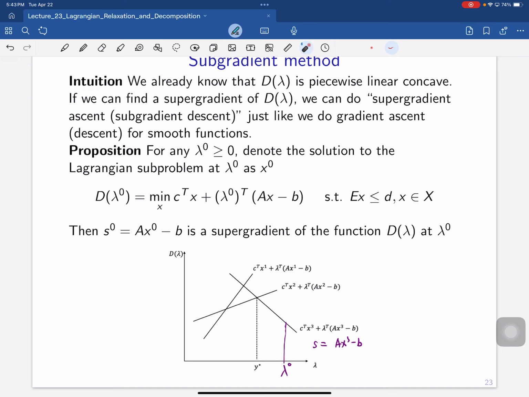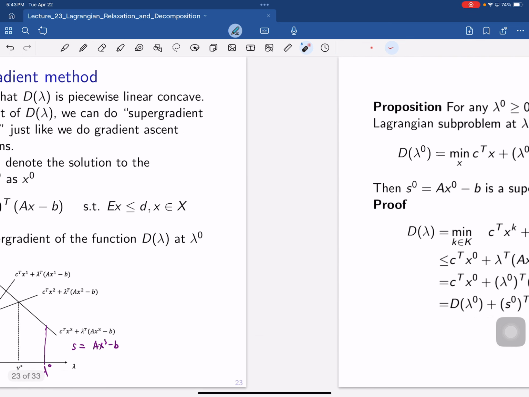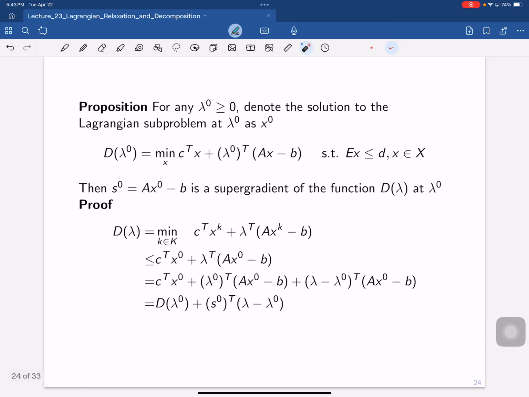Okay, and then you can show that in a more rigorous way, where d lambda is essentially defined as a minimization over all the extreme points. For any given lambda, because you are taking the minimum over all the k extreme points, it must be less than or equal to the value at one of the extreme points, x0.